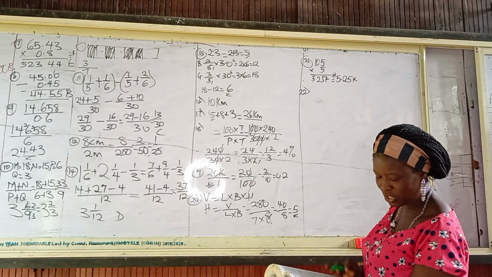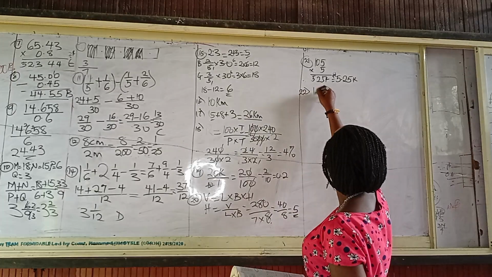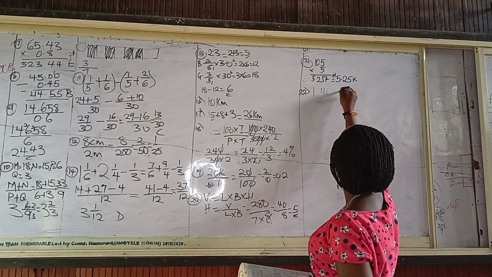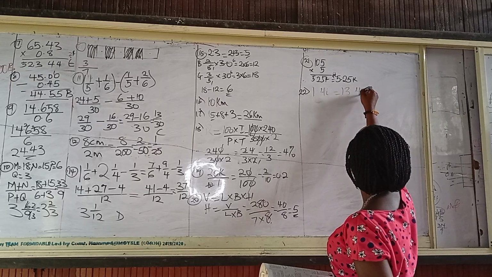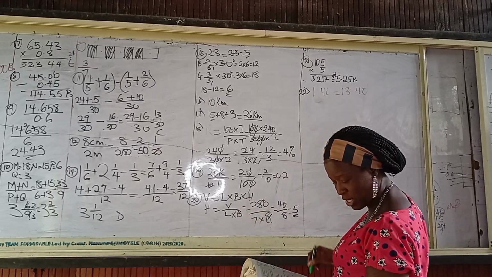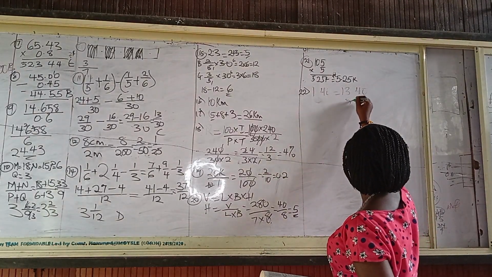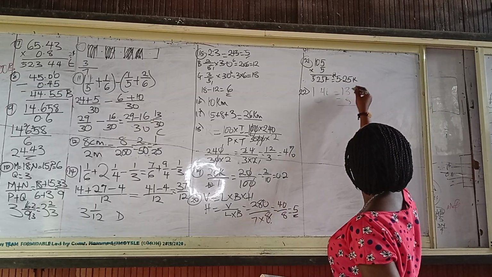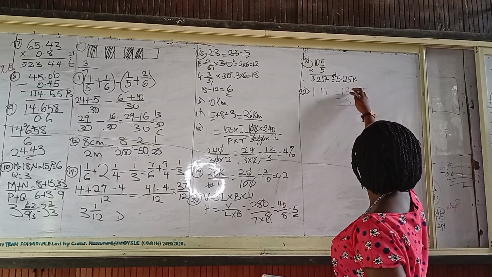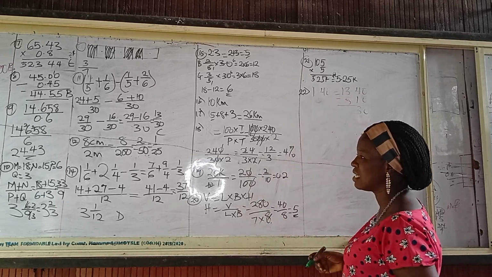How long does Dare spend in class daily? And we are told from the question that the class ends 1:40. Let's take the 1:40 to 24 hours. That would be 13:40. And we are told it starts 8:10. So let's take it away. 8 minus 13, that is 5.